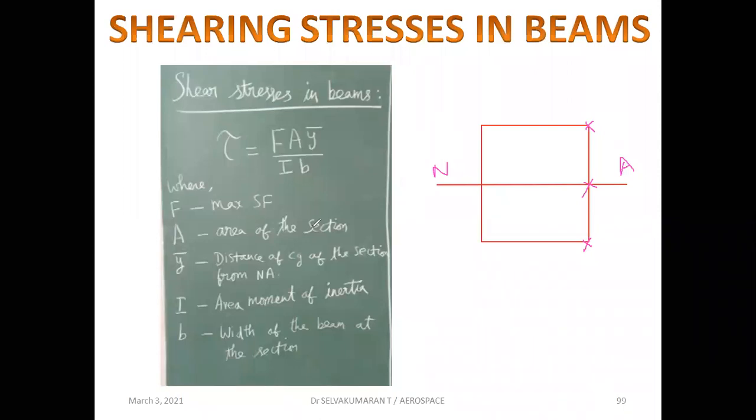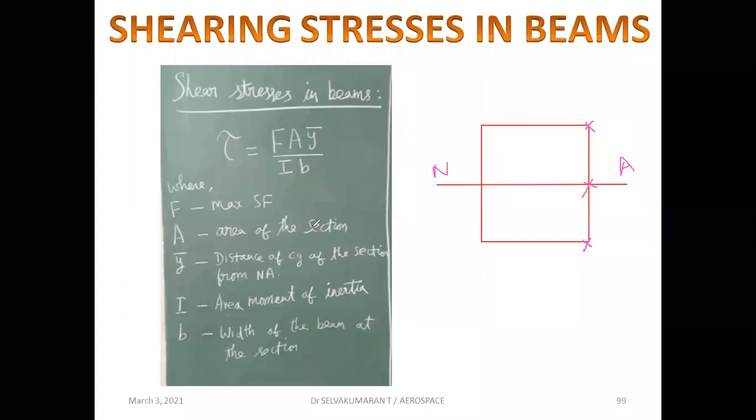Simply supported beam subjected to an eccentric point load: WAB by L. Simply supported beam subjected to UDL: WL square by 8. Cantilever beam subjected to point load at the tip: W into L. Cantilever beam subjected to UDL over the entire span: WL square by 2. So these are the direct formulas available to determine the maximum bending moment.